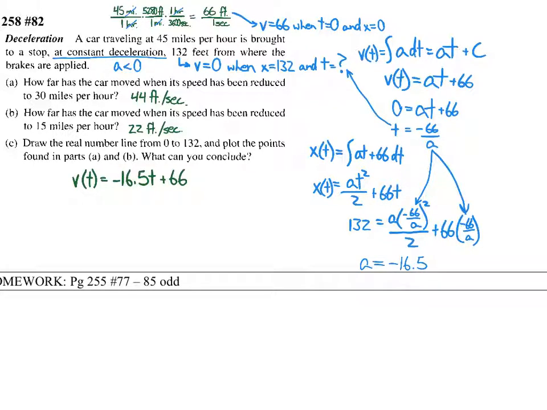At this point, you ought to be looking at parts A and B and saying, well, now that's really easy. I plug in 44 for v and solve for t. I plug in 22 for v, and I solve for t. So, if 44 equals negative 16.5t plus 66, what did you get?